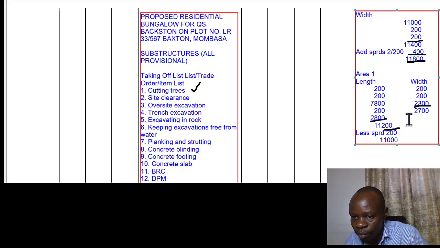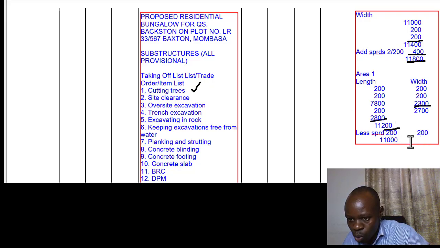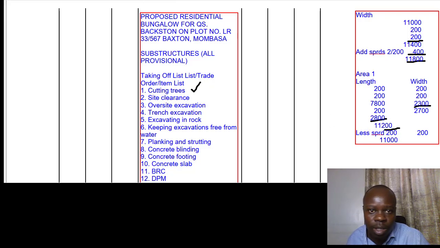Okay, let's less this 200, the same 200. And that becomes 2,500. So this other line is also misplaced, so that our line is supposed to be here and another one supposed to be here.